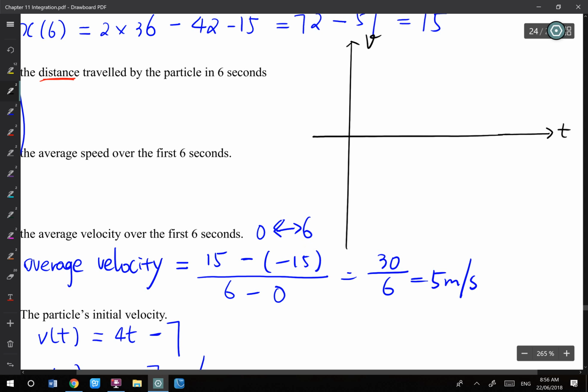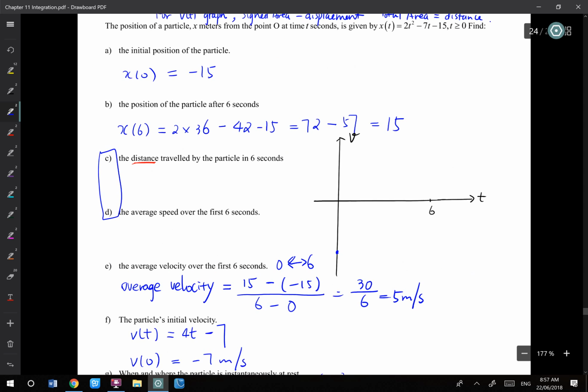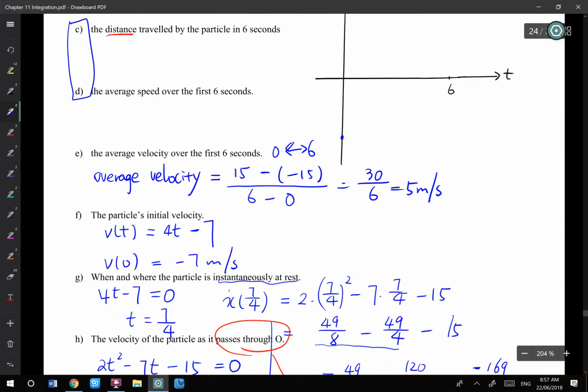So we want the vt graph for the first 6 seconds, and I have minus 7.